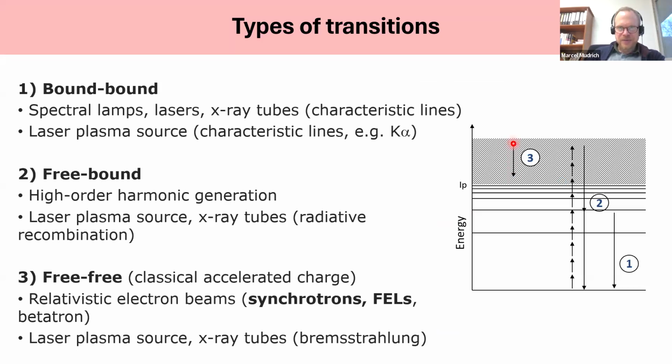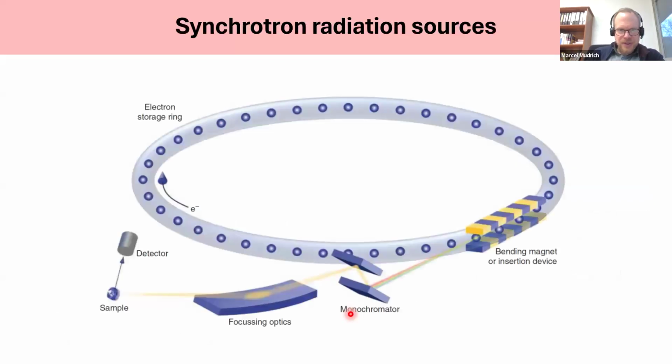So transitions of electrons in the continuum such that we can freely control the length of this arrow, meaning the photon energy, in a completely free way. And this is really the basis of synchrotron and free electron lasers. And this is what we will be talking about from now on.